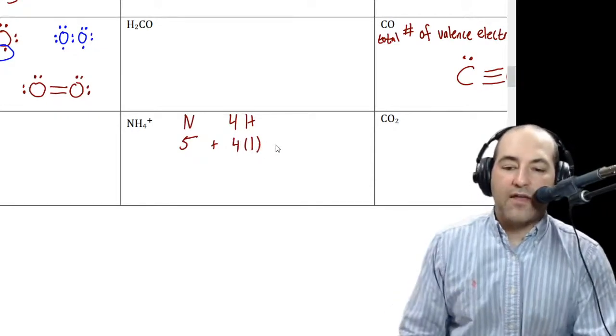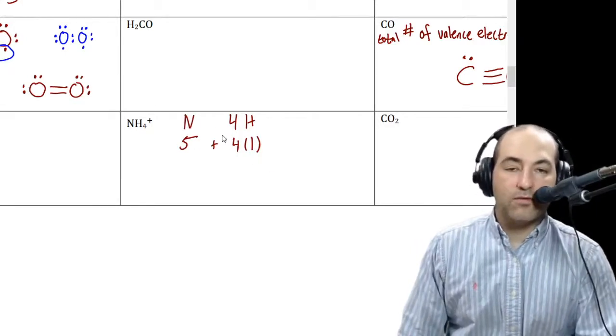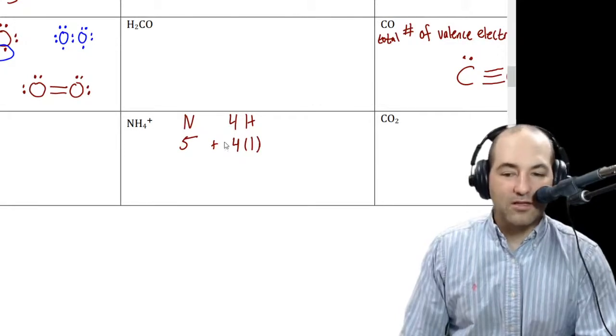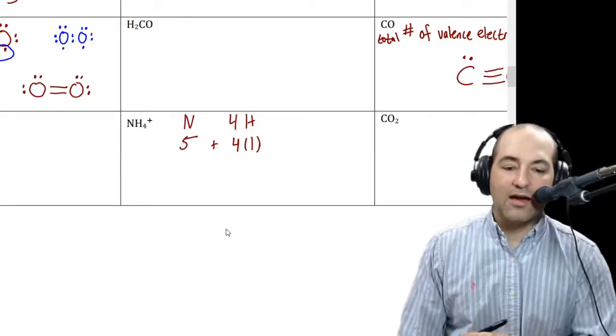So if we just were to add that up, you'd see it would be 9, right, which is an odd number. And we know that doesn't really work. We talked about why it doesn't work, but we're wrong here because we're forgetting about something. Anybody know what we're forgetting about? Why should this total actually be an even number and not an odd number?